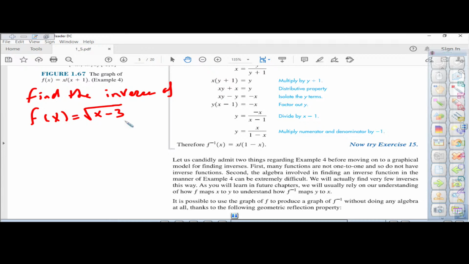By the way, is there any limitation for this? Is there any limitation for domain here? Can somebody tell me? Am I restricted in any way in my domain here?